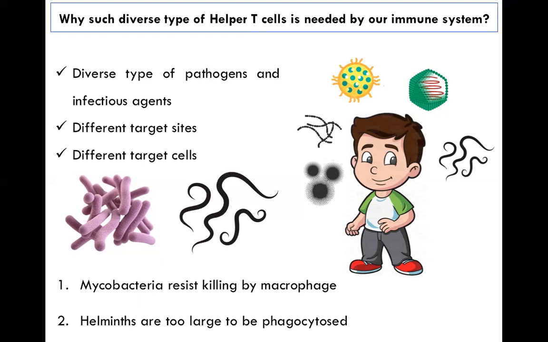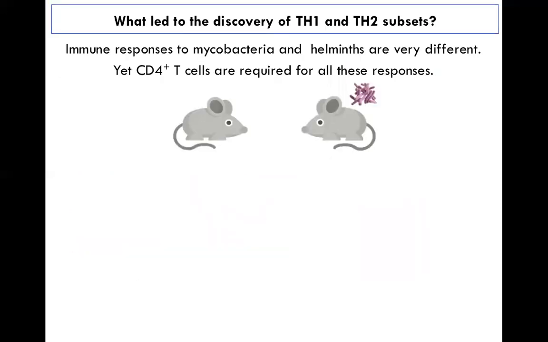That's why we need diverse types of cells in our immune system, because they have diverse pathogens, infectious agents, different target sites, and different target cells. So let's start to understand the next one, the subtypes of these cells.